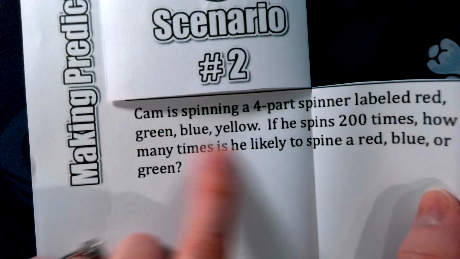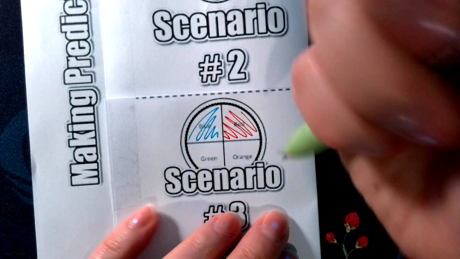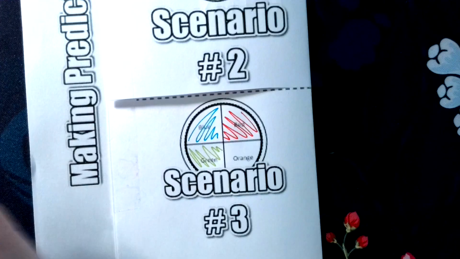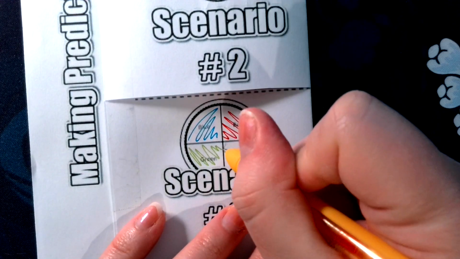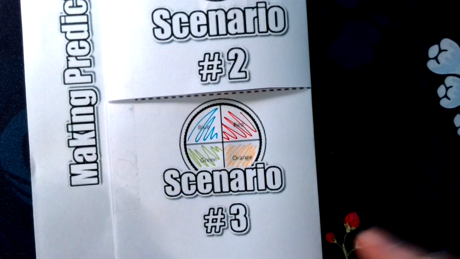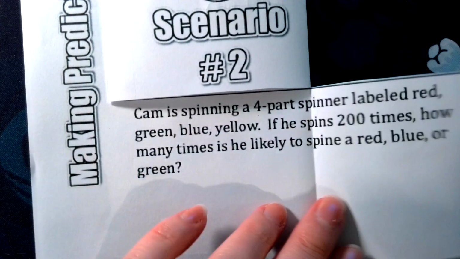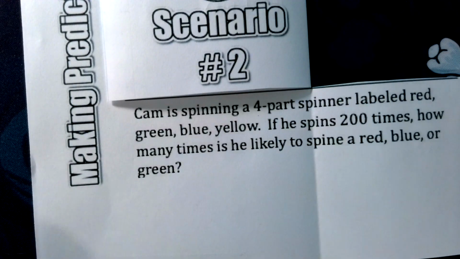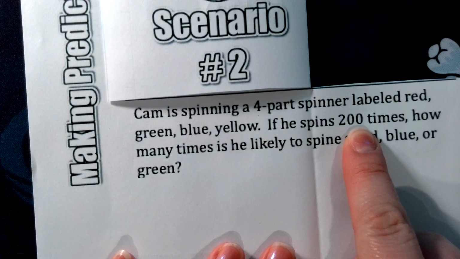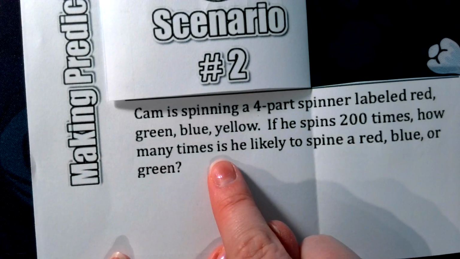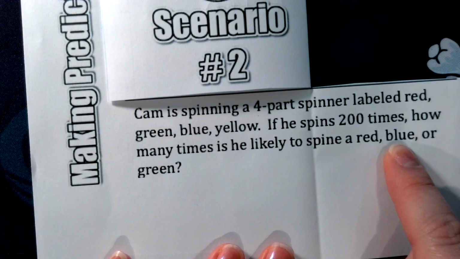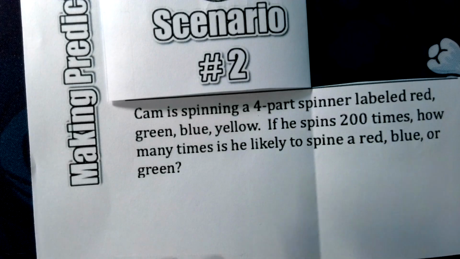So it's blue, red, green, yellow, not orange. This is yellow. There's our spinner. It says if he spins 200 times, how many times is he likely to spin a red, blue, or green?